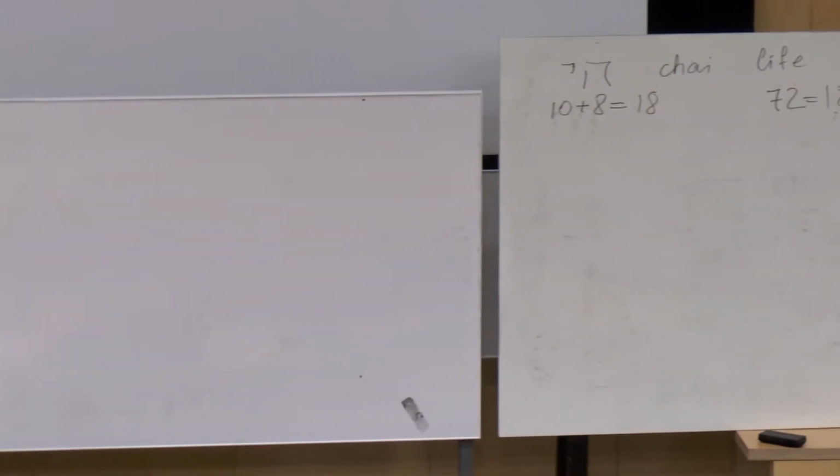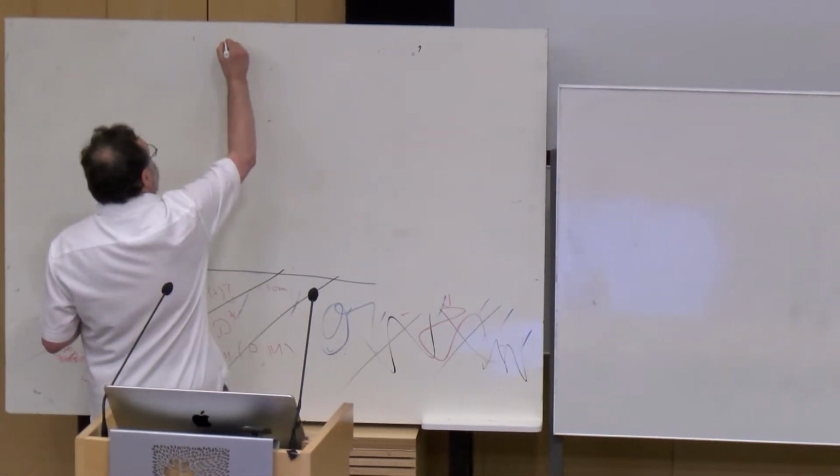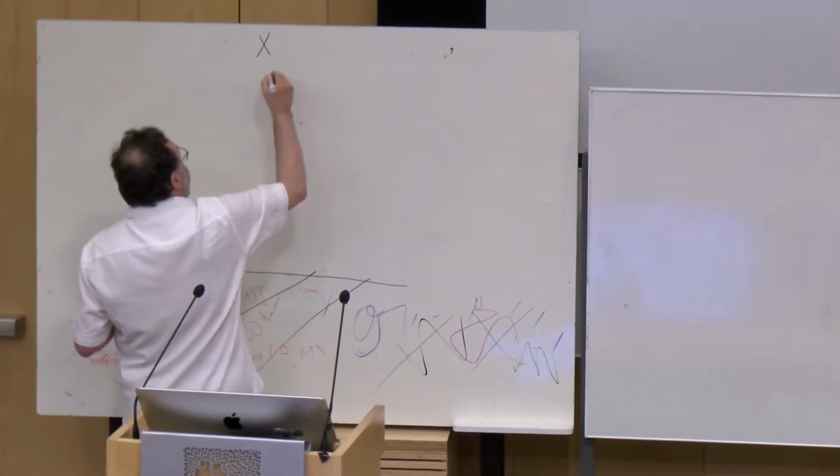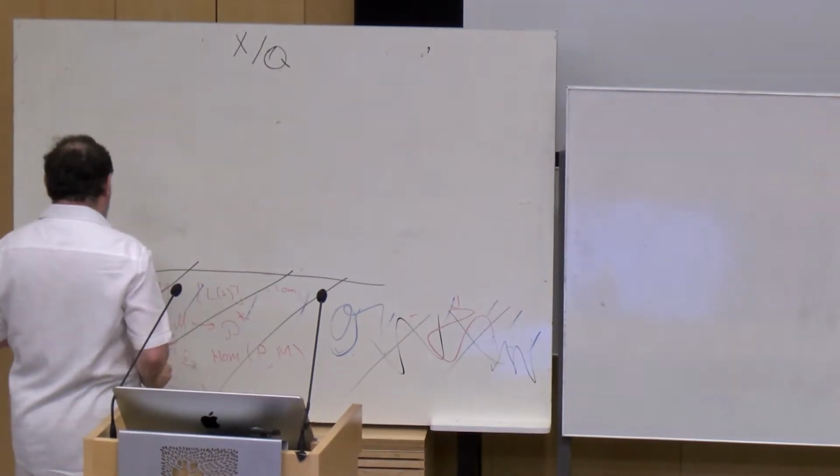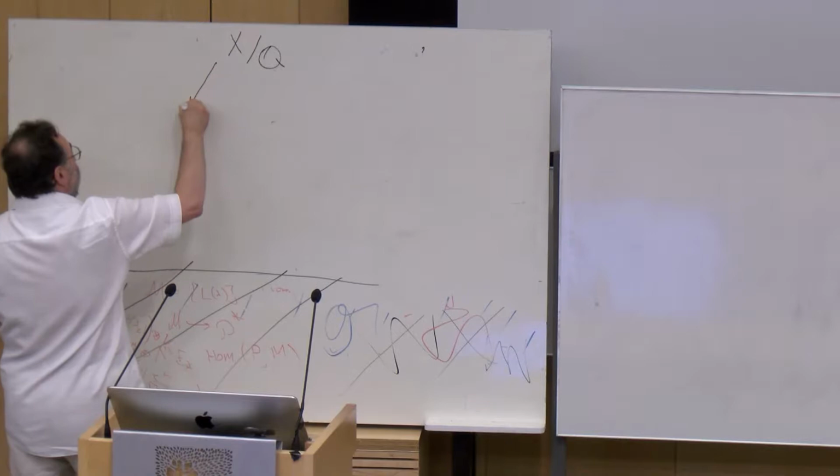So now let me start the talk. Let me start with a little motivation. In arithmetic algebraic geometry, if you have a variety X over Q, then there are 2 ways you can treat this variety.